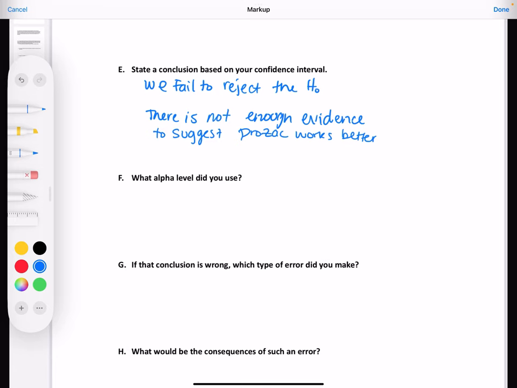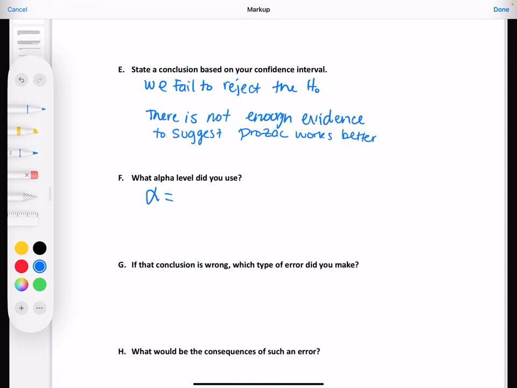So then what alpha level did we use since our confidence level was 95%? What was our alpha? So alpha is the difference between the confidence level and 100. So we had a 95% confidence interval.